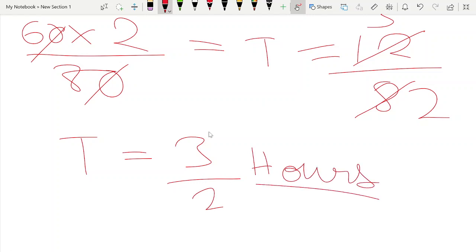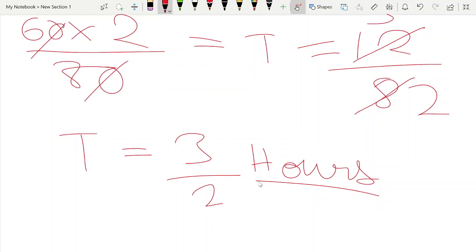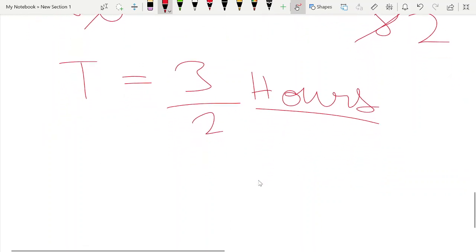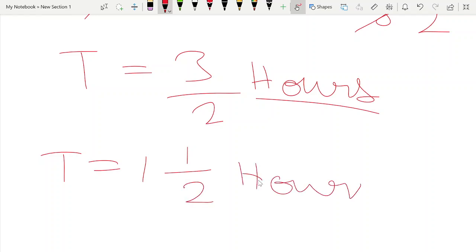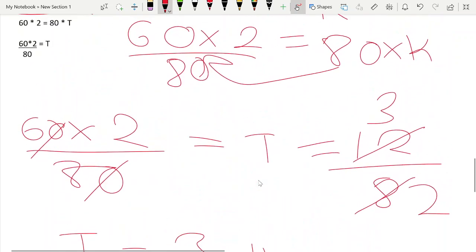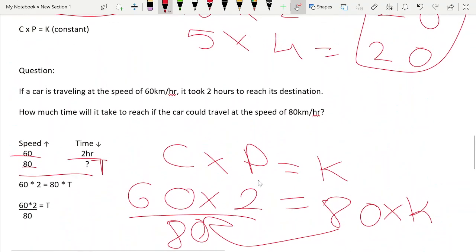Now, if you don't want it to be in that type of fraction, which is an improper fraction, then you want to get it like this. Let's get it in mixed fraction. So 1 and 1 by 2 hours, meaning 1.5 hours. So it took the faster car 1.5 hours. That's less than 2 hours, so it's inverse proportion.